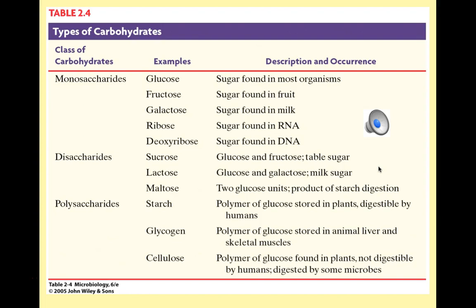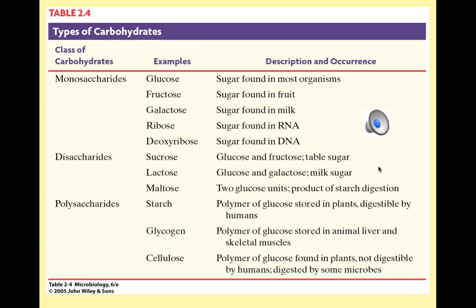Cellulose is also a polymer of glucose made in plants, but instead of having polymers that are branched or large globular polymers, cellulose is a long linear polymer. In fact, cellulose is the fiber that we find in plants that we cannot digest, but we need it in our intestinal tract to help cleanse the intestine.